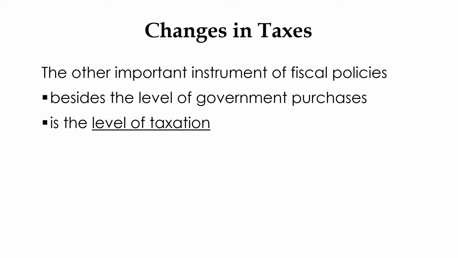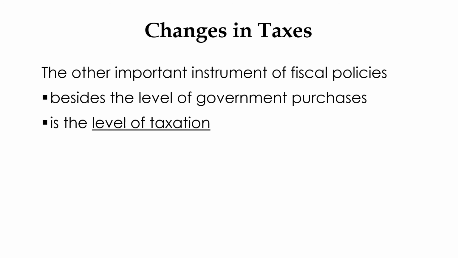So taxation, well, if the government reduces taxes, what's going to happen? Well, households will likely spend some of this extra income. Their taxes just went down. Now they have more disposable income. So they're likely to spend some of that, and that's going to shift the aggregate demand curve to the right.